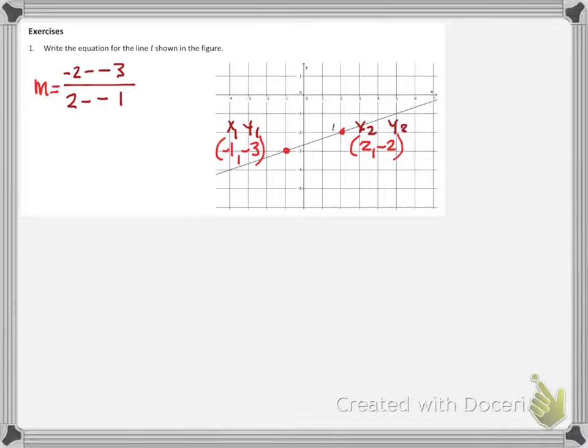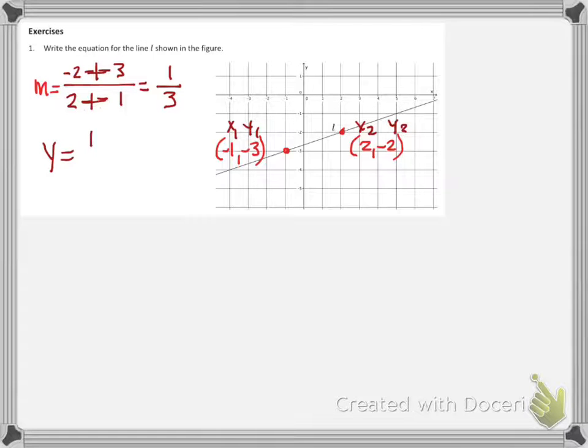And then I need to interpret this a little bit. The opposite of -3 is +3, so that's -2 and a +3, that's a 1. And then the opposite of -1 is +1, so 2 plus 1 is 3. So the slope is 1/3.